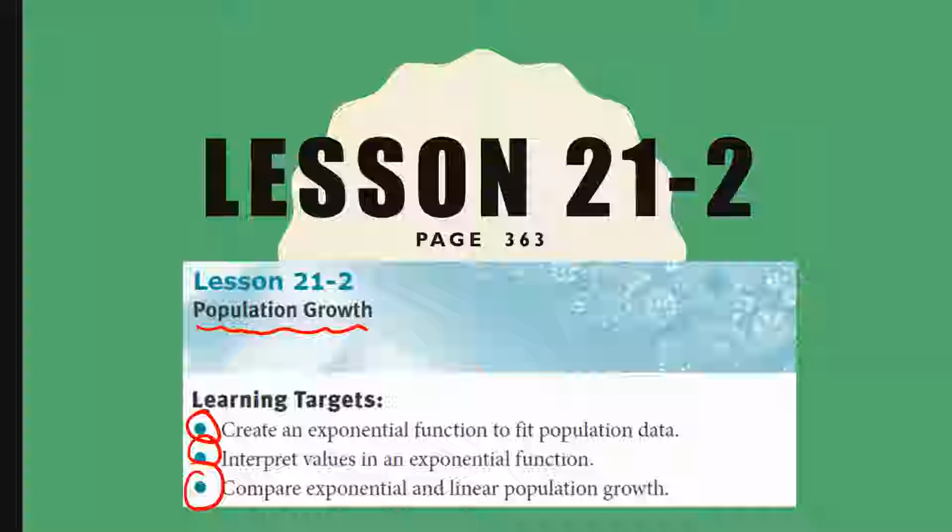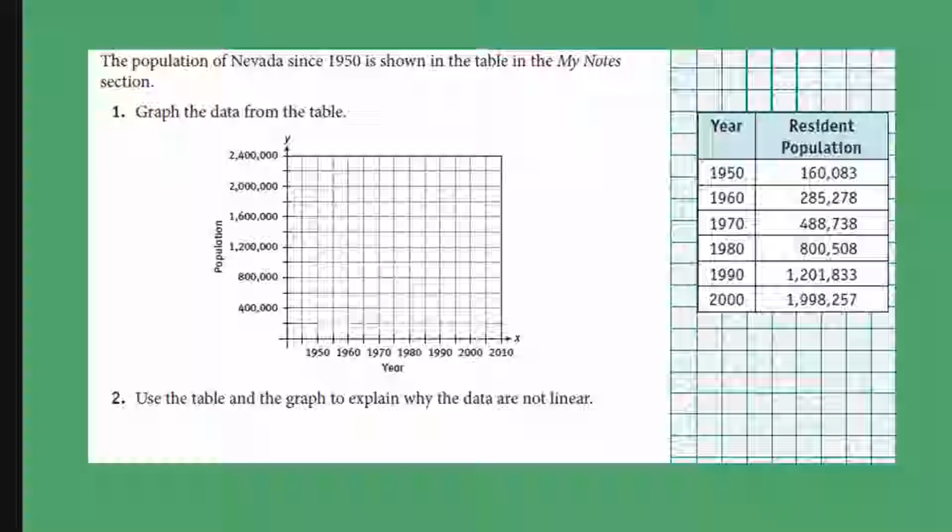So let's get cracking. You probably already figured this out, but I didn't mention this lesson starts on page 347 in your book. So the population of Nevada since 1950 is shown in the table in my notes section over here. We're going to graph the data from the table. And so 1950, 160 down here, 285. Let's see, that must be 2.